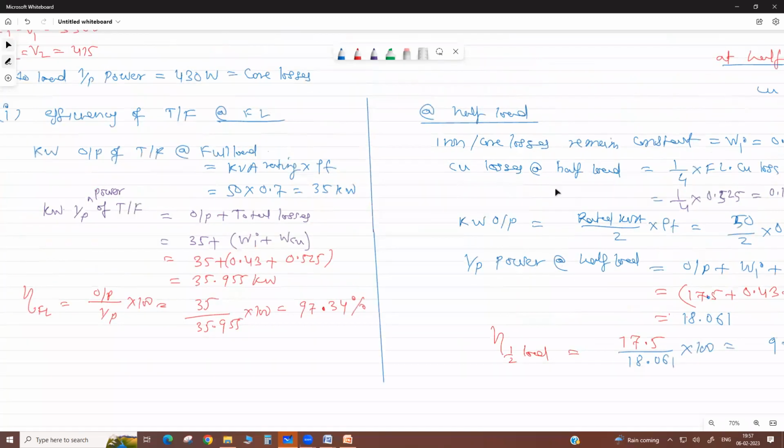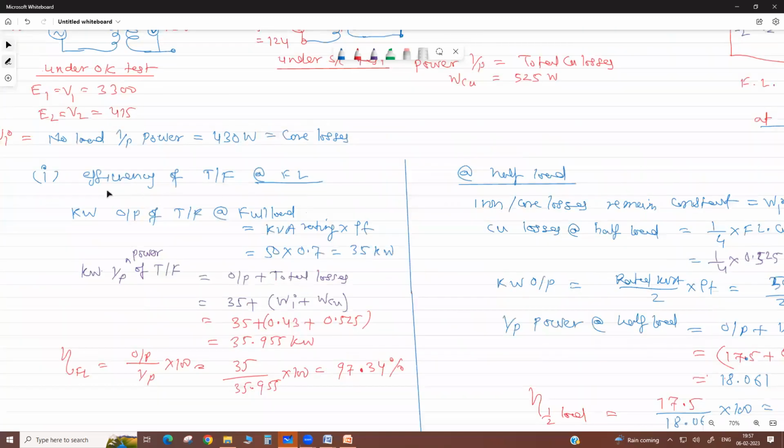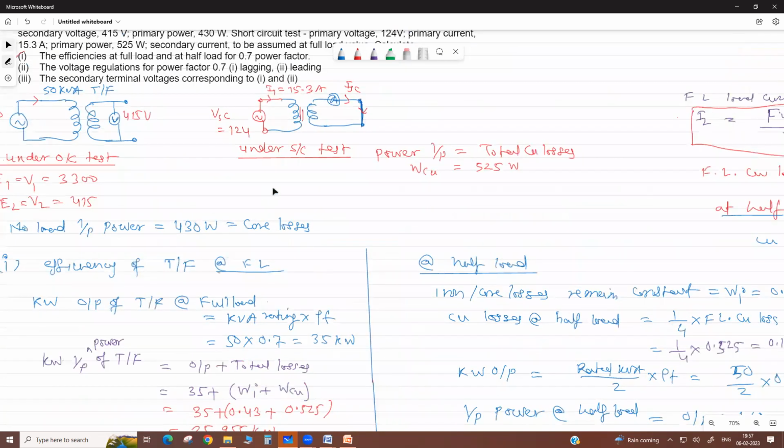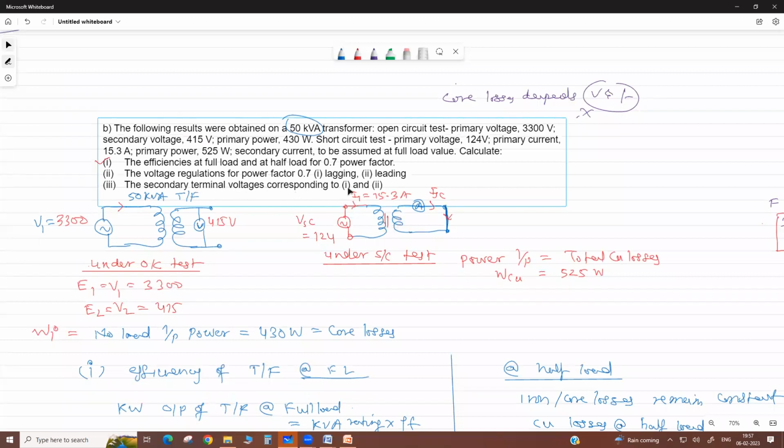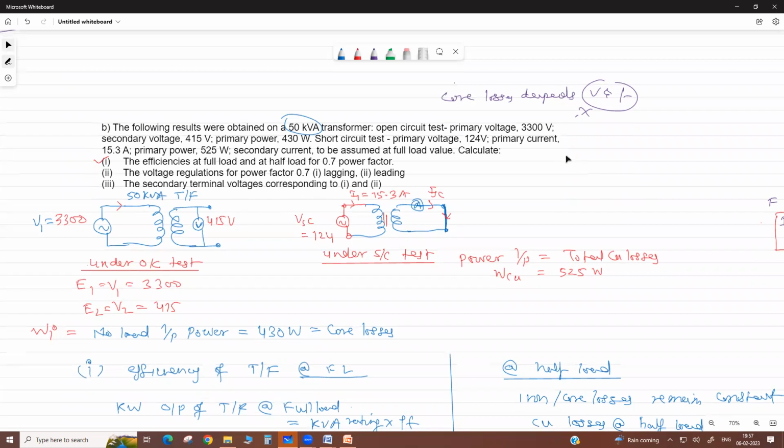Now in the second portion, the voltage regulation at power factor 0.7, you assume as leading and lagging power factor. So actually it asks for the voltage regulation.